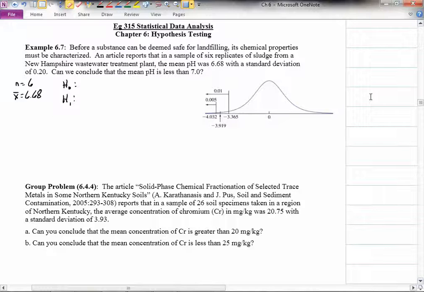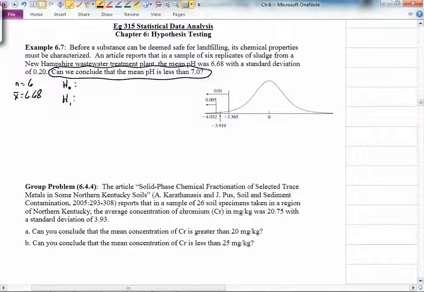I think it's easier to keep in mind how those two hypotheses are set up. We're wondering if we can conclude that the mean pH is less than 7. If we want to conclude the pH is less than 7, the only way we can do that is by disproving that the pH is greater than 7.